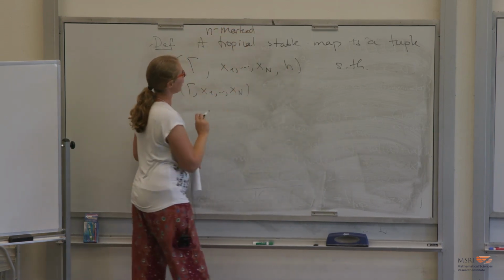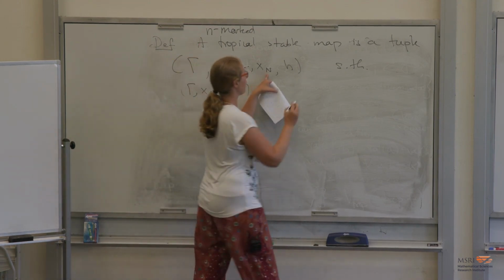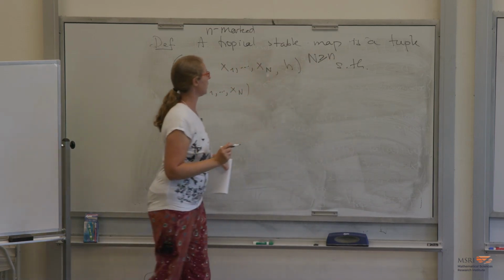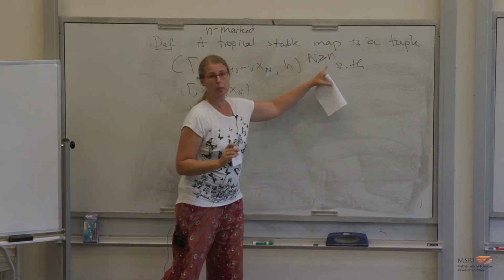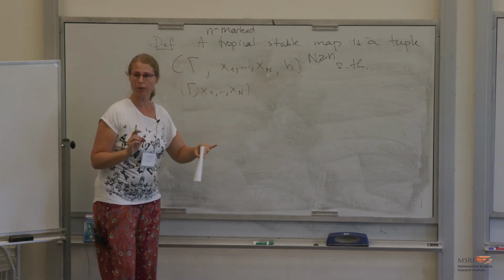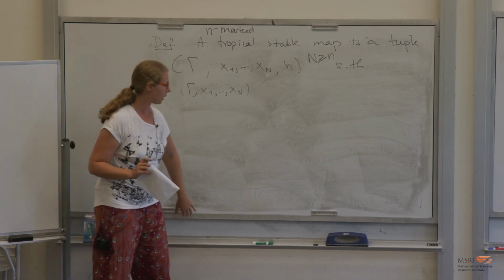I call it an n-marked tropical stable map. Little n marked. Here I have capital N. I want capital N to be bigger or equal to little n. So the little n ones will be special n's in some way. And I hope that this will help to convince Alessio also why it's useful to have special n's and to mark those special n's.